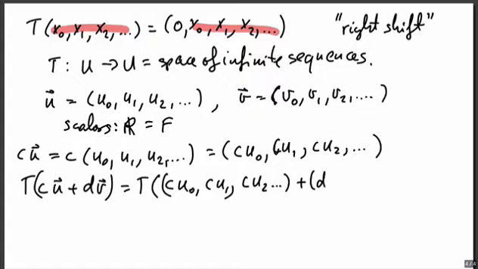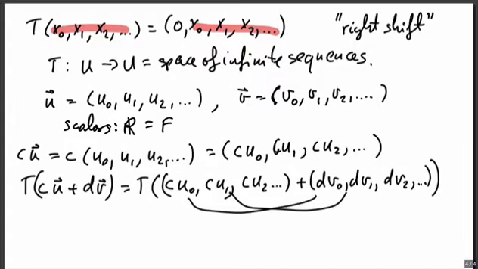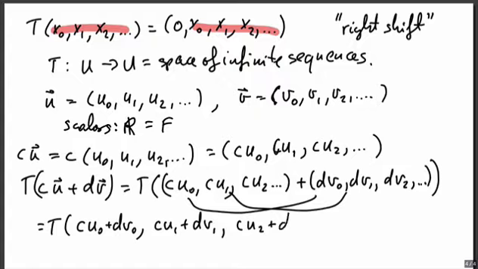That will be similar: dv0, dv1, dv2, dot, dot, dot. Then we add together infinite sequences, also entry by entry. So we get cu0 plus dv0, cu1 plus dv1, cu2 plus dv2, dot, dot, dot.